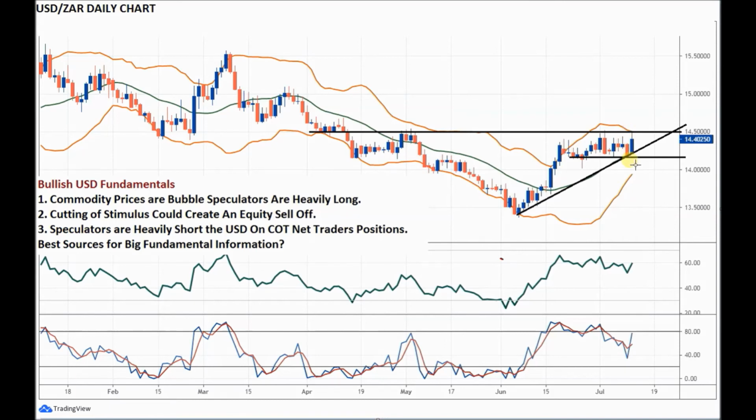Where should we target? Well, we're looking for 16, but in the shorter term, you've got 1550 as a resistance level. So if we come through here and move strongly, you can bring the stop up.